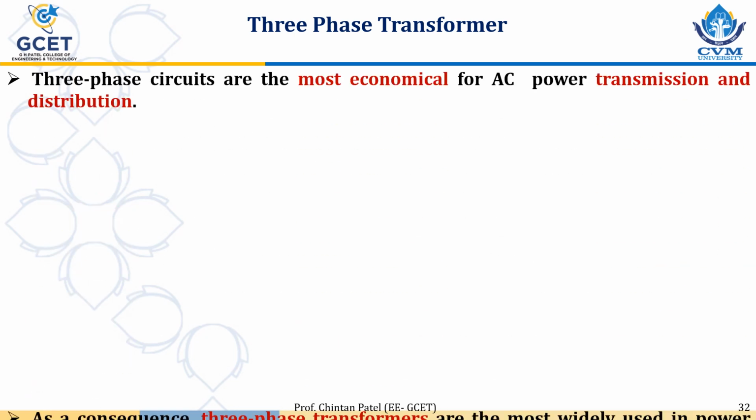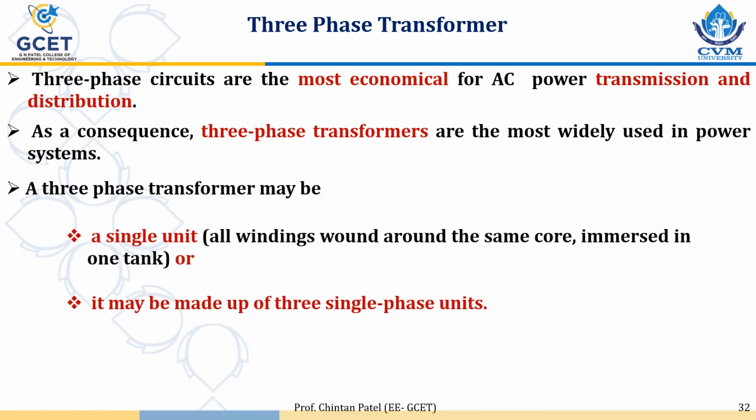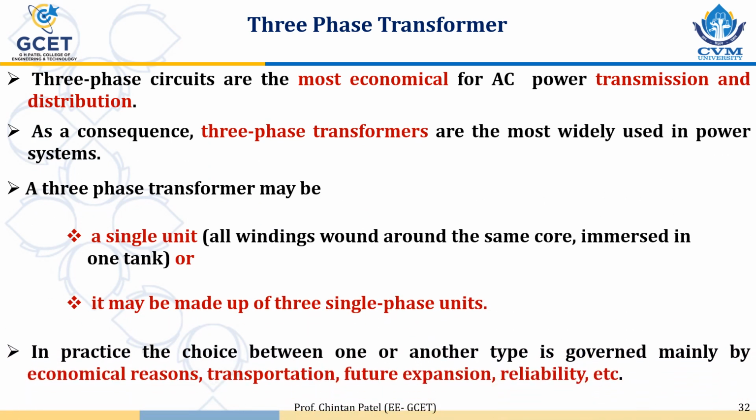So I am discussing quickly the three phase transformer. Most of the power system is three phase in nature, and three phase circuits are most economical for AC power transmission and distribution.